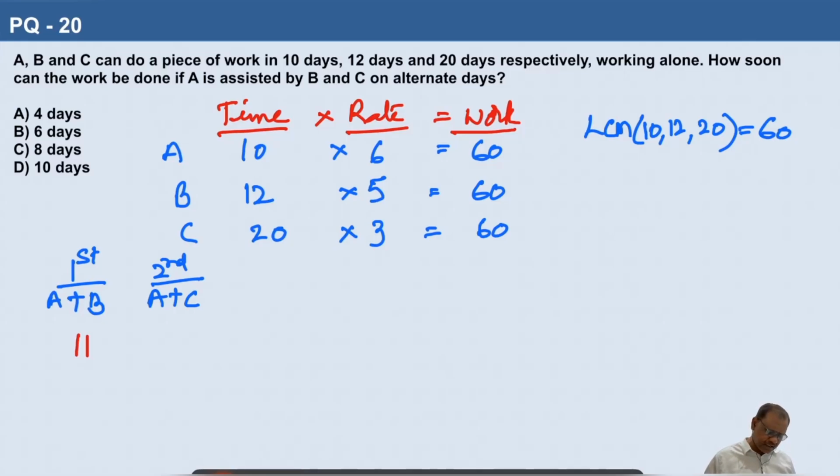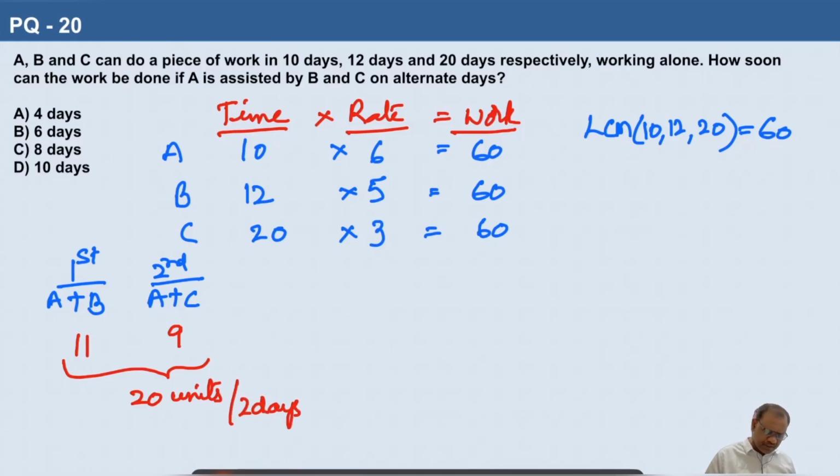A and C 9 units, 6 plus 3. So in 2 days 11 plus 9, 20 units of work is done.